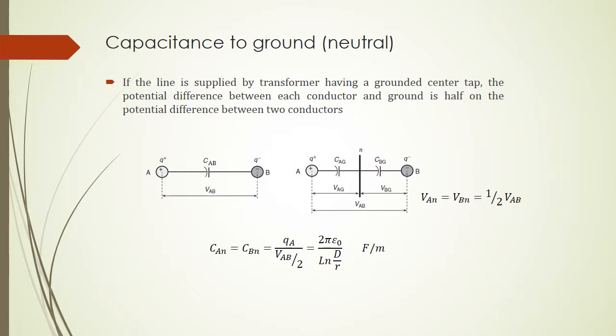So the equivalent capacitance will equal the two new capacitances in series, and therefore CAN and CBN are equal and equal twice the amount of CAB, or 2 pi epsilon 0 over logarithm of D over R.